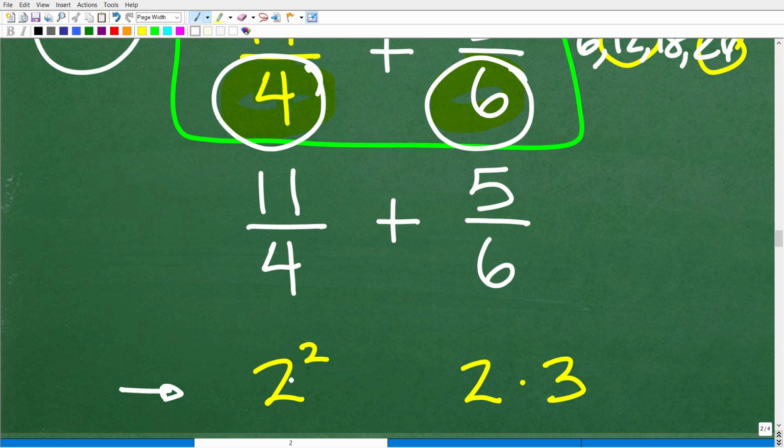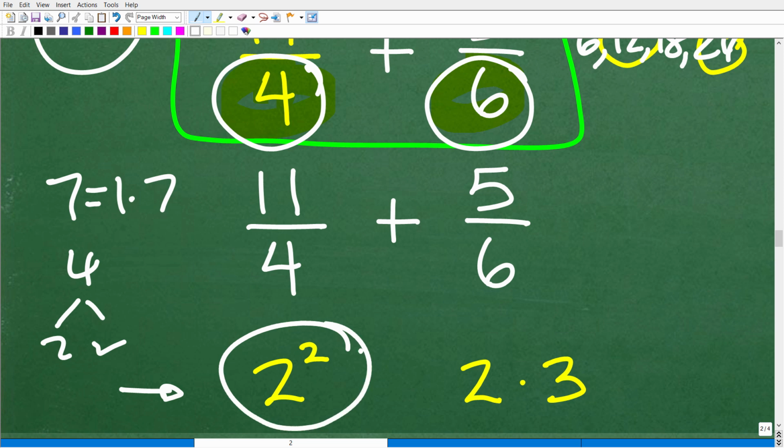Again, prime numbers are numbers that can only be divided by themselves and 1, or only have factors 1 and themselves. Okay, so 4 we can break down as 2 times 2, which is 2 squared. So that's what 4 is equal to, and 6 is equal to 2 times 3. So these are the prime factors of the denominators.